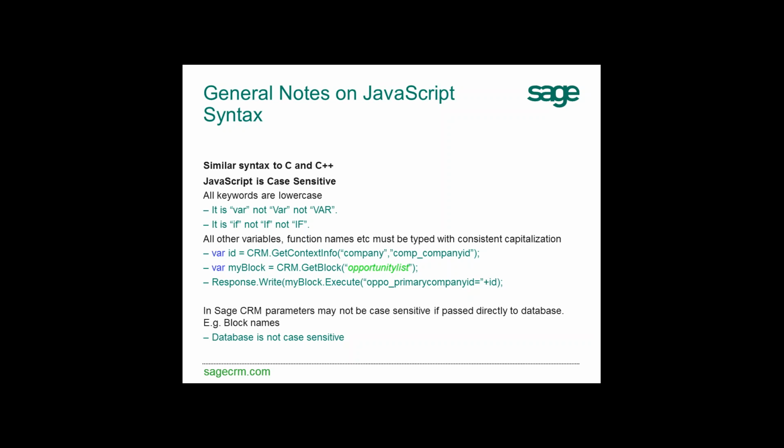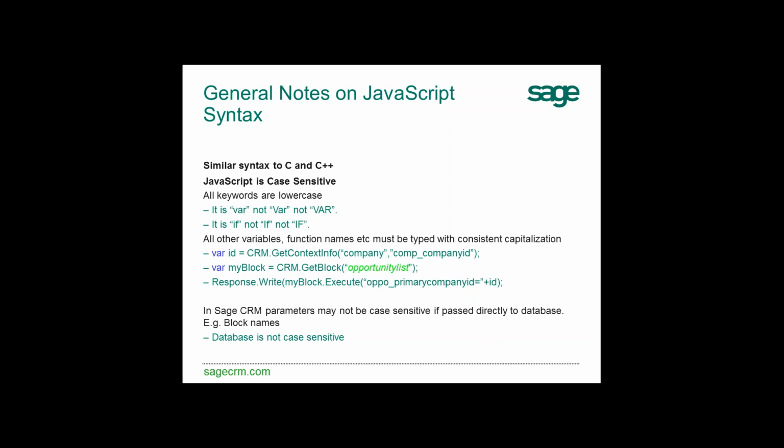You can see that company, comma, company ID are in quotations, separated by a comma. These two items are parameters being passed into the GetContextInfo method. This chunk of behavior that is being called actually passes that to the database.